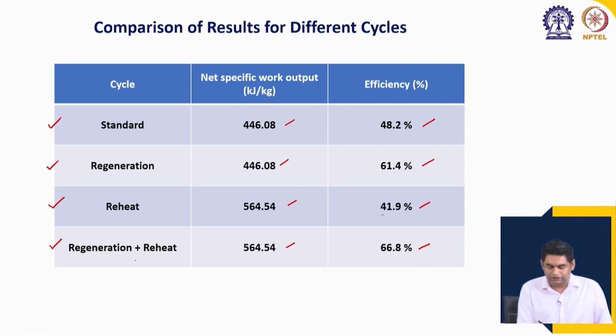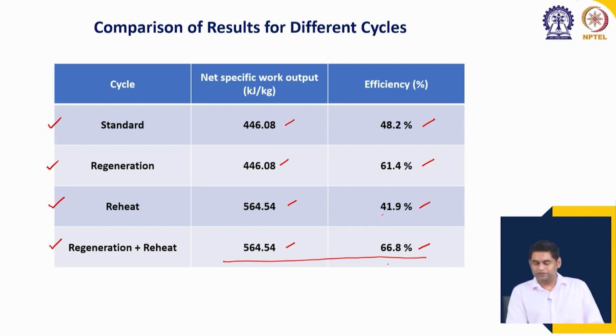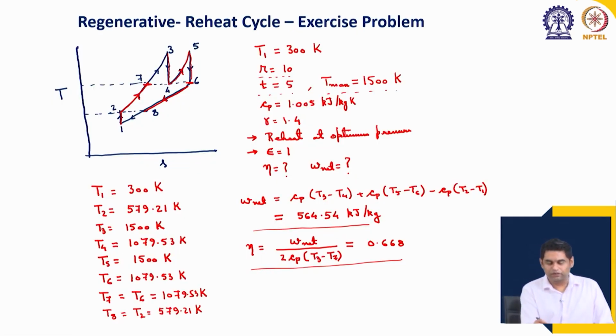So, we see that with regeneration and reheat we get the highest work output as well as the highest efficiency. Why is this efficiency highest in this case, and why is this behavior different compared to the simple reheat cycle? Because adding reheat increases the turbine exhaust temperature. So, we have a larger temperature difference for regeneration.